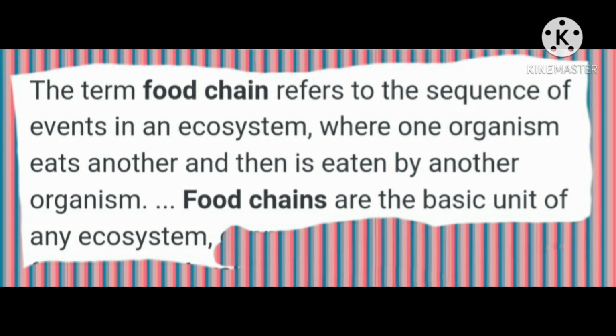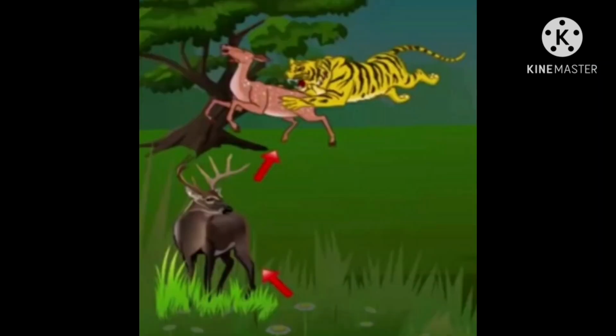Thus, the energy transfer from producers through a series of other organisms with the repeated eating and being eaten forms a food chain. In 1927, Charles Elton introduced the idea of food chain. The energy is transferred from one step to another sequentially in a food chain.